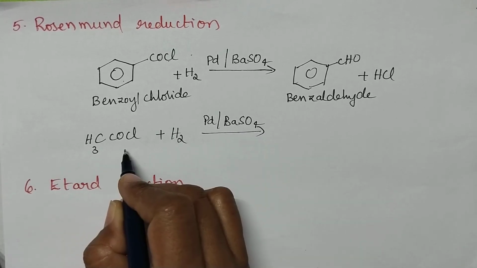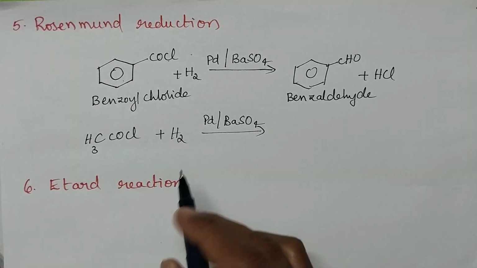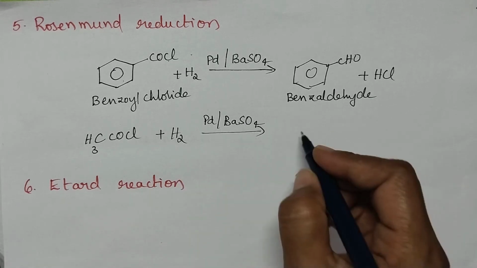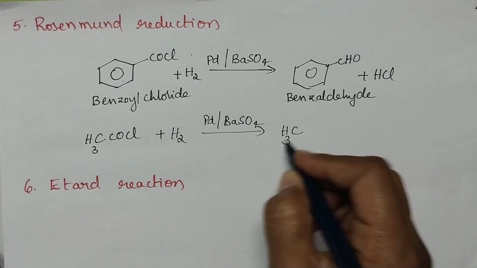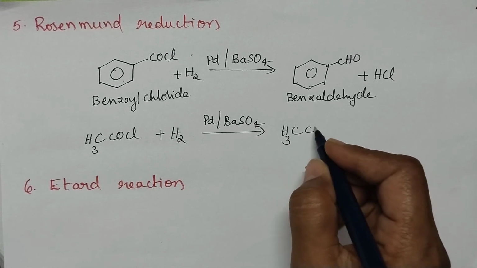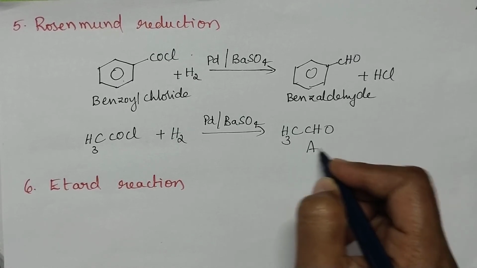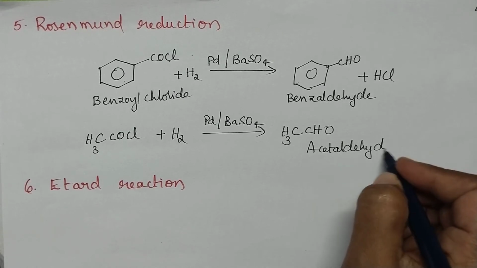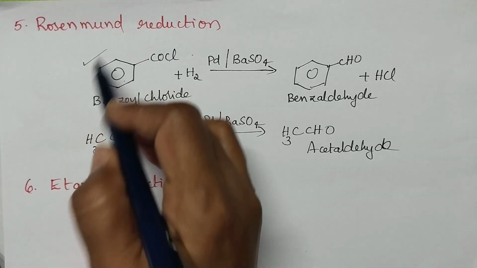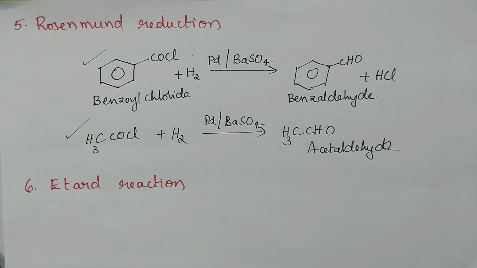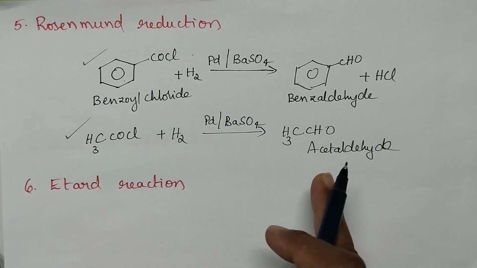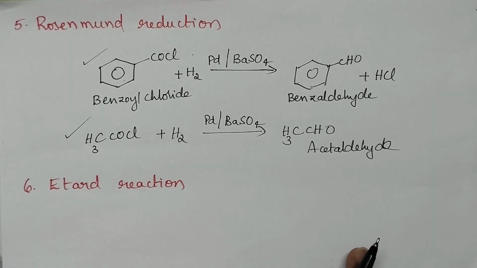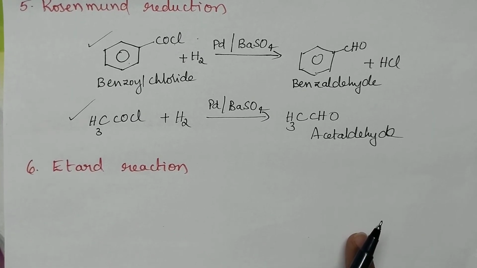So it is acetyl chloride. It can be reduced in the presence of palladium and barium sulphate. Then it results in the formation of acetaldehyde. Is it clear, students? So here both aryl and alkyl acid halides can be reduced into corresponding aldehydes. That is about the Rosenmund reaction.